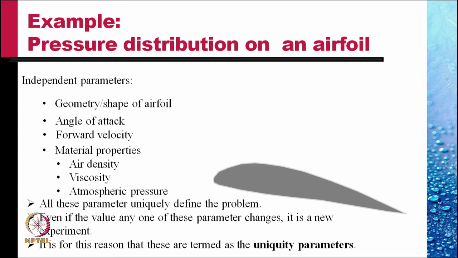A problem is not completely defined till all the values of these parameters are specified. And once they are specified, the definition is complete. Anyone else can repeat the experiments and obtain the results.